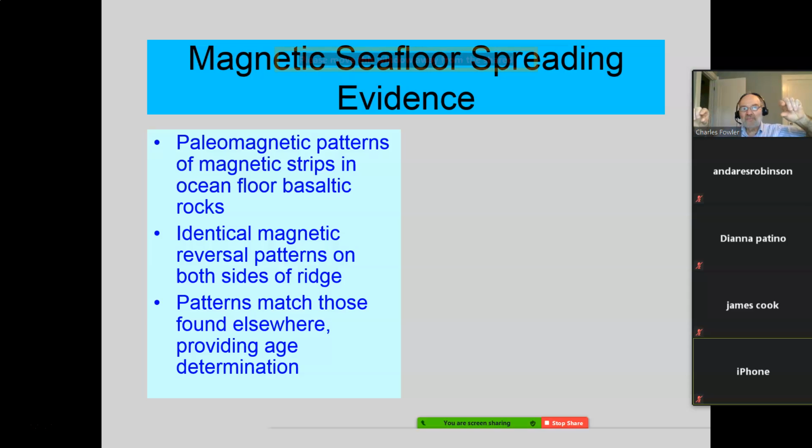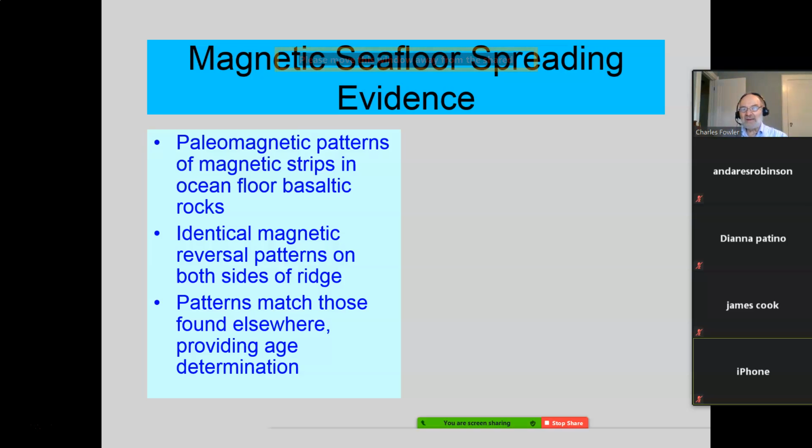Weaker, they just form a little magnetite, not nearly as strong. Zero, no magnetite at all, it's all hematite. And then before that, you'd find them pointing in the opposite direction, weak, getting stronger the further back you go, then getting weaker, then going to zero again, and then showing up in the opposite direction.